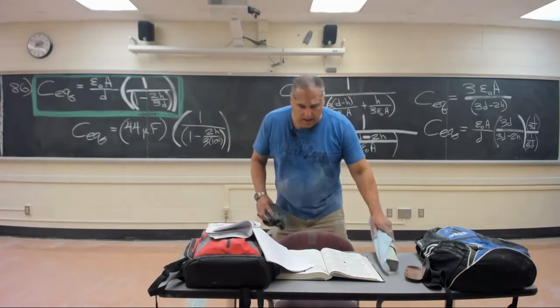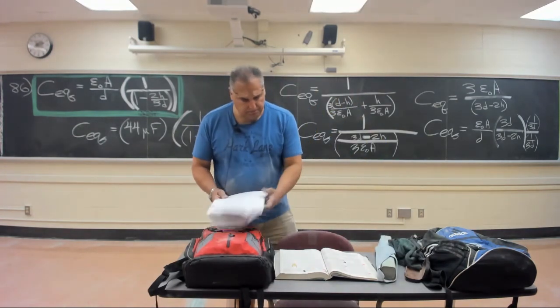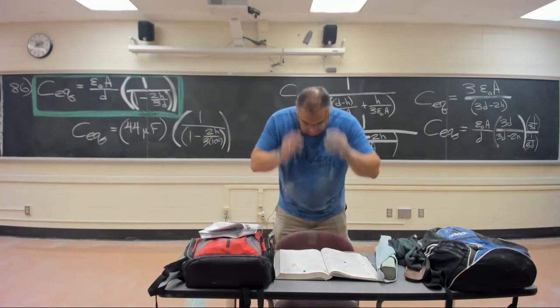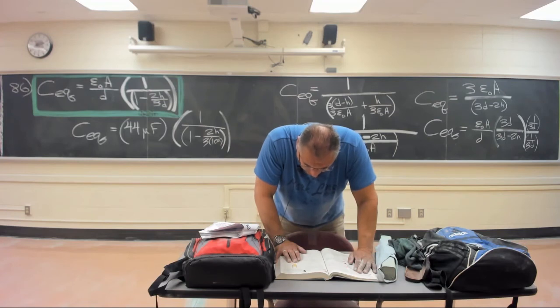Okay. Let's do the last problem. '88, a parallel plate capacitor has square plates of side S equals 2.5 centimeters and plate separation of D equals 2.5 millimeters. The capacitor is charged by a battery to a charge Q equals 4 microcoulombs, after which the battery is disconnected.